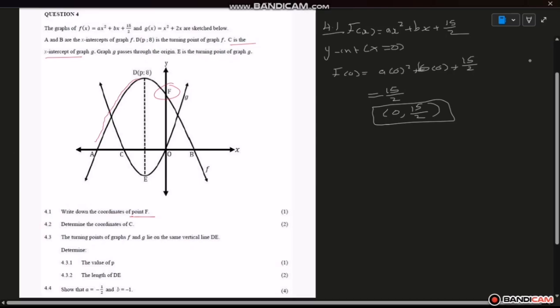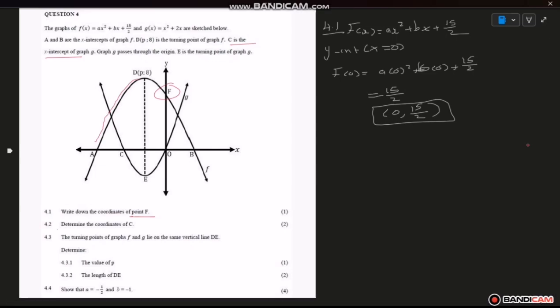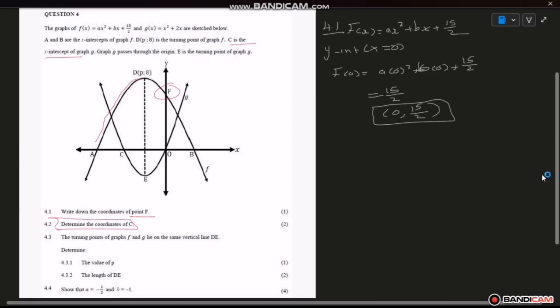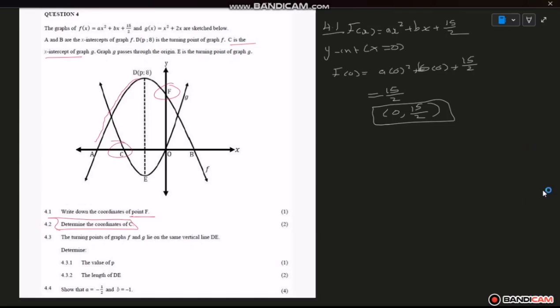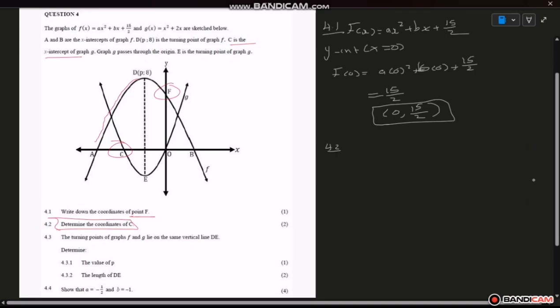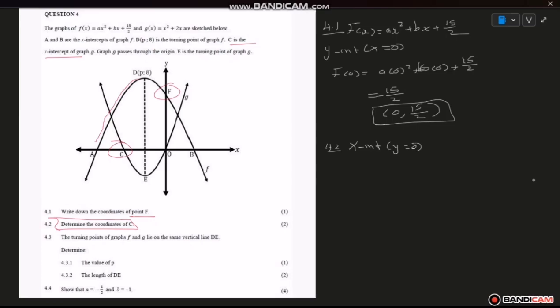So these are the coordinates of F. Next they want us to determine the coordinates of C, and you can see that the point C there is the x-intercept of g. For the x-intercept, we let y be 0. Then g of x, which is y, is 0 equals x squared plus 2x. Then you take out the common factor, which is x, so x(x plus 2). Then you solve for x: x equals 0 or x equals -2.